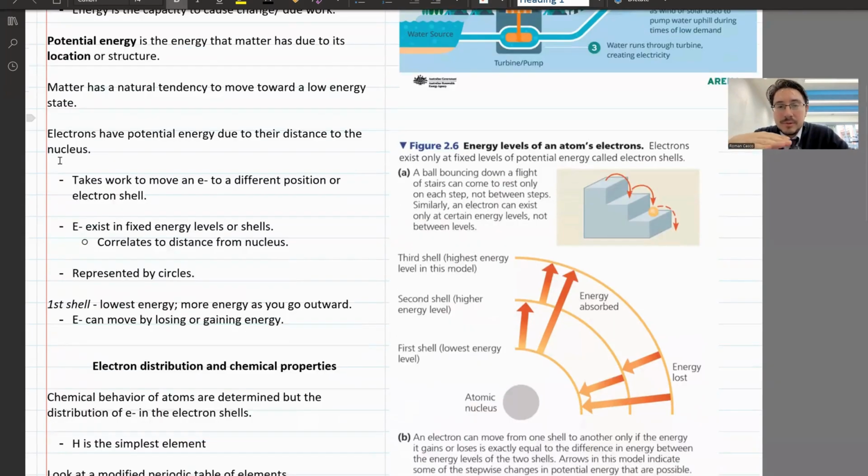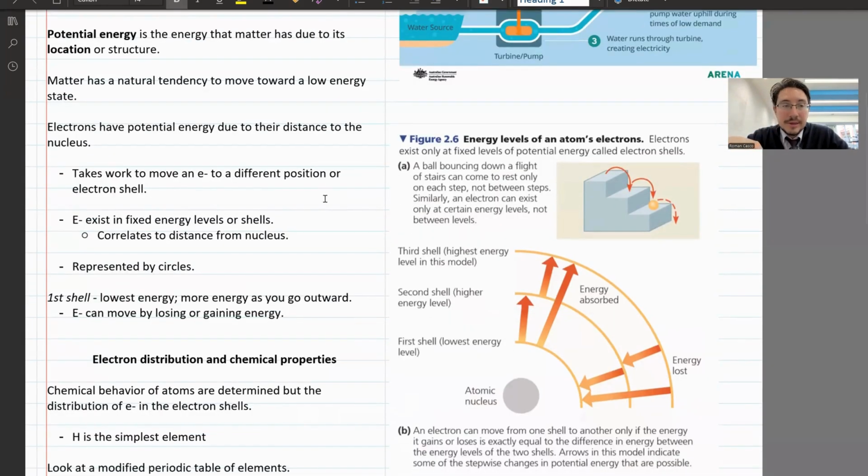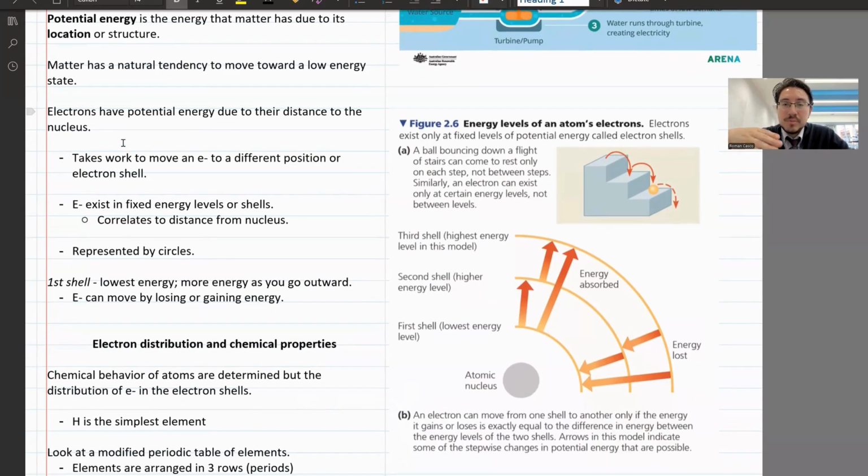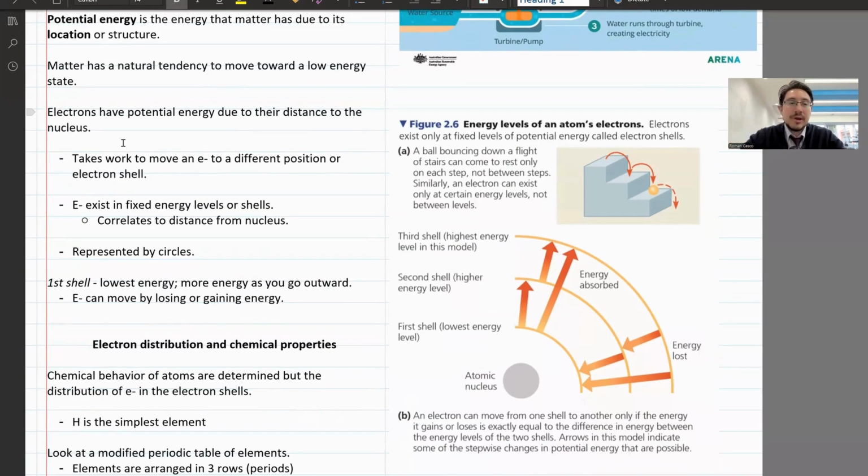I'm going to explain this with the visual we have here. Electrons have potential energy due to their distance from the nucleus. In order for an electron to move to a different energy level, or shell, and these are locations where electrons are most likely to be found, you need a certain amount of energy.